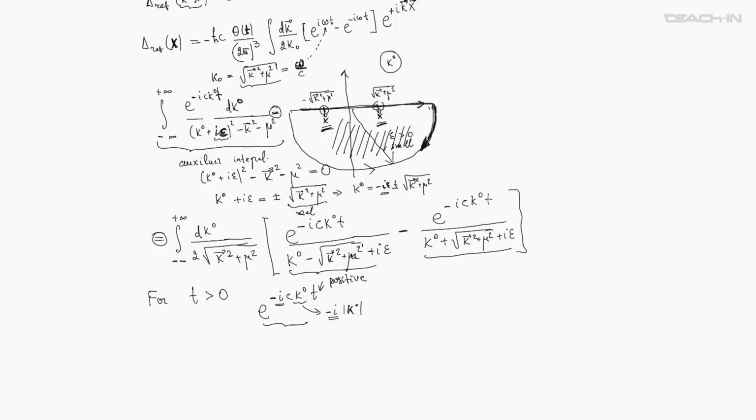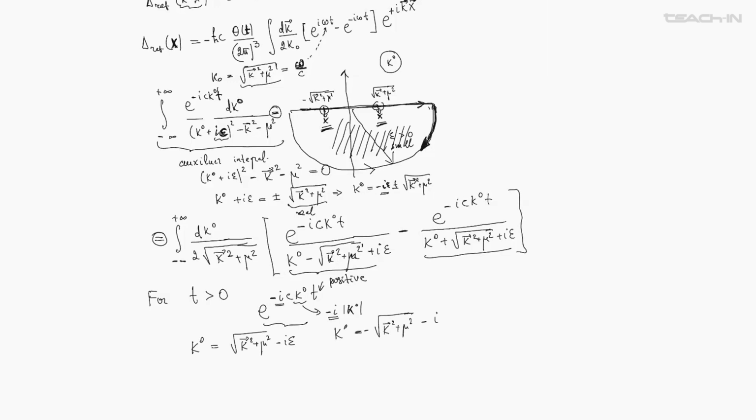And then, of course, I will encounter these two poles, and one pole is at k0 equals the square root of k squared plus mu squared minus i epsilon, as we discussed, and the other pole is at k0 minus the square root of k squared plus mu squared, also minus i epsilon.